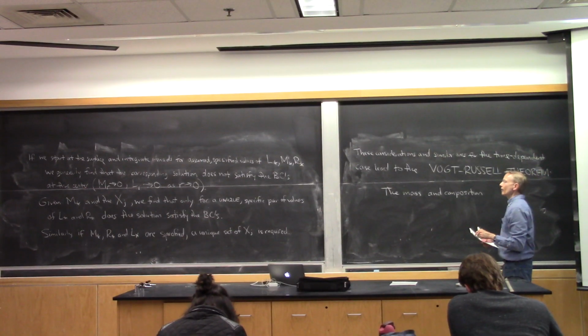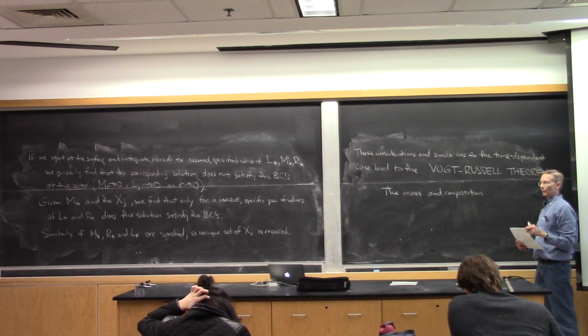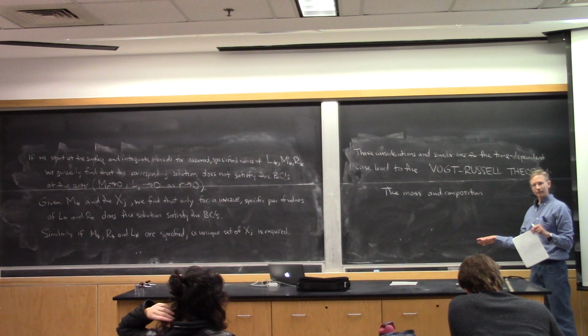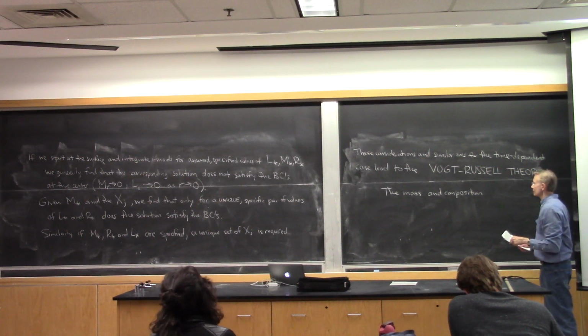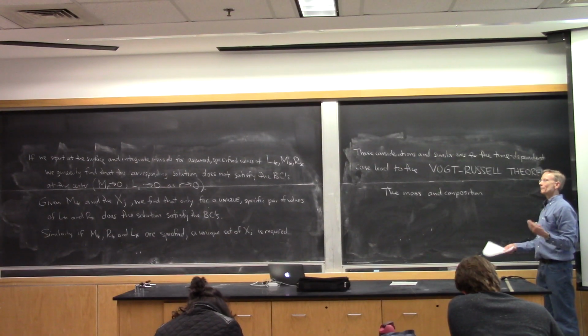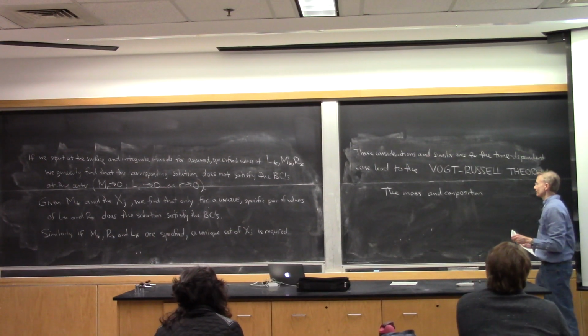But overwhelmingly, the most important things you need to know about a star are its mass and its composition, and that essentially tells you everything about it. It tells you the whole story of the star, except for some small details. If a star is spinning faster, that makes a little bit of a difference, and so forth.